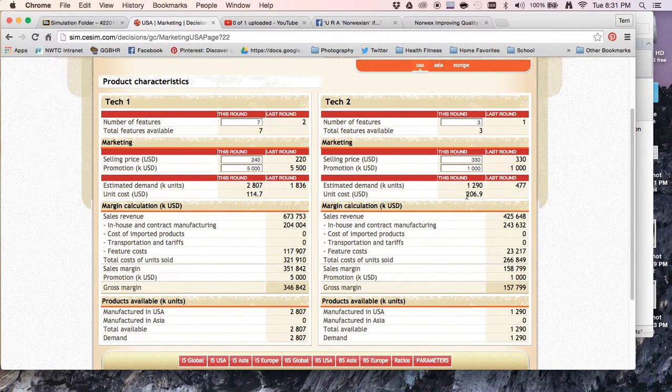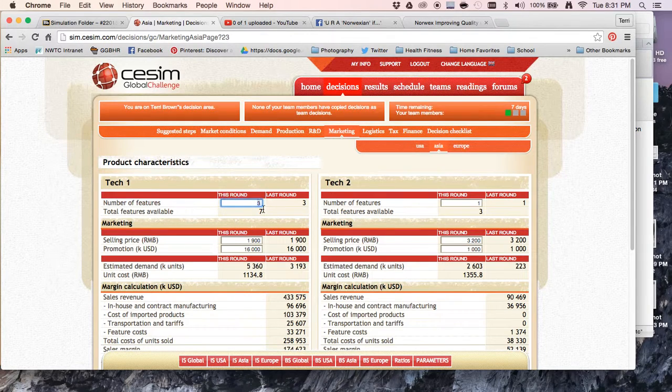So on this side for Technology 2, it costs $206 to make this from a unit cost perspective. So I'm actually going to increase this cost because I'd like to make a little bit more, and I'm going to also increase my promotion on this. Okay, so I'm going to do this for US and for Asia, and just very quickly change this here and make all my features available.